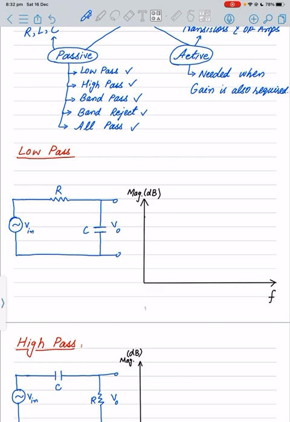Low pass, you can easily remember by remembering that it will be allowing the low frequency signal, but it will be rejecting or stopping the high frequency signals.